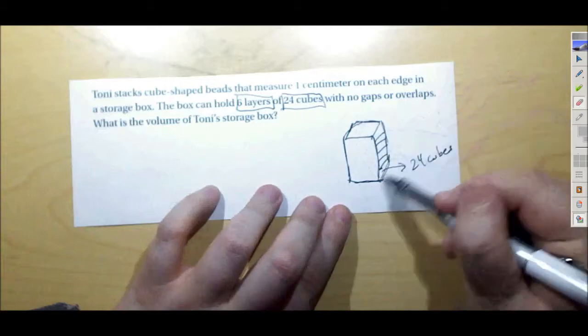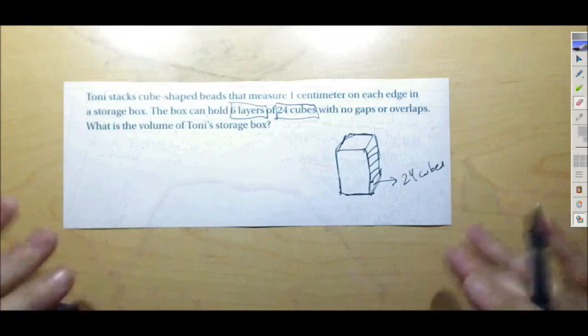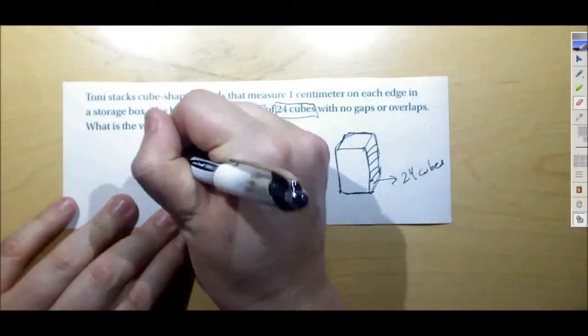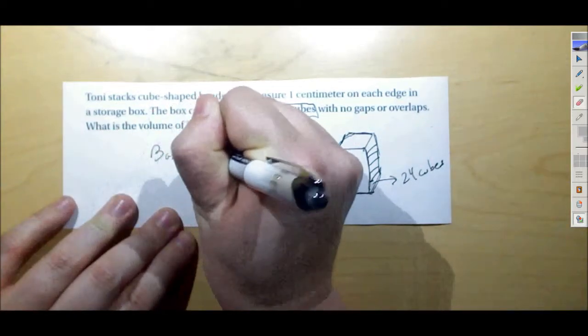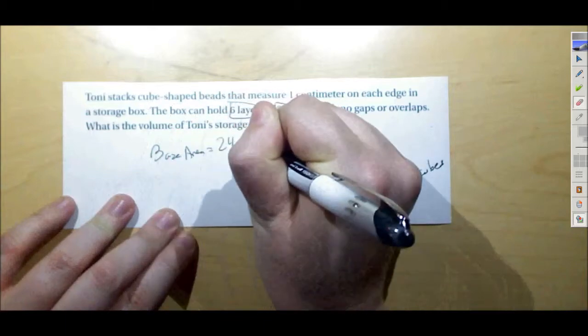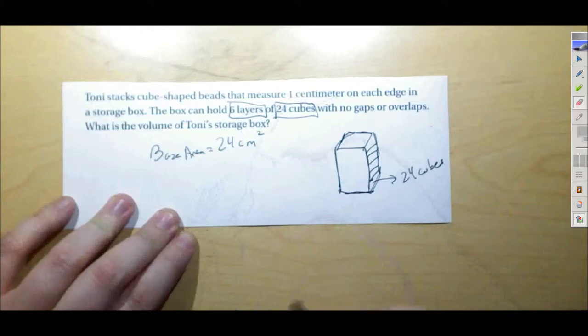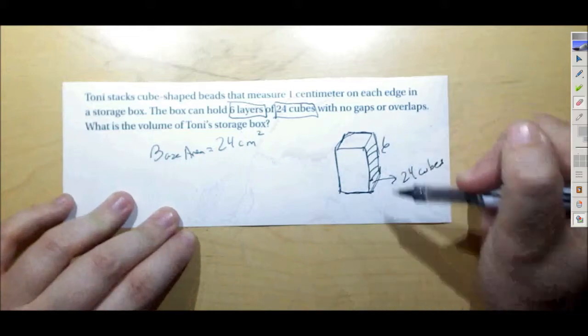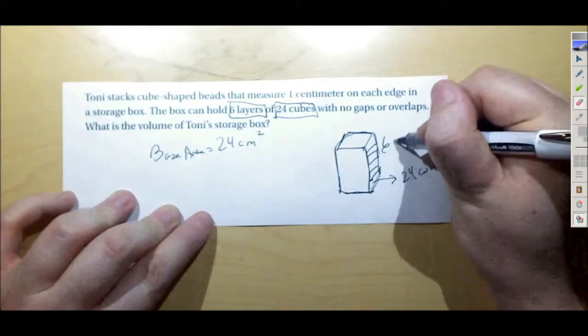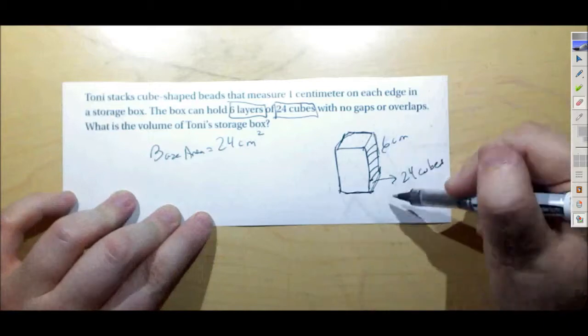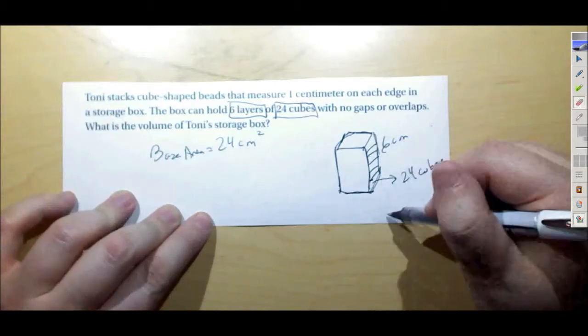Okay, they're just telling us what one layer is, and that is the area of the bottom. So my base area equals 24 centimeters squared. Now, the height is going to be 6 centimeters. So each cube is 1 centimeter.